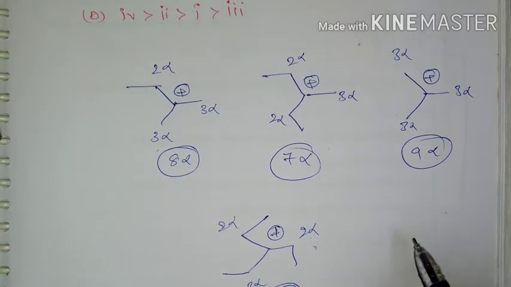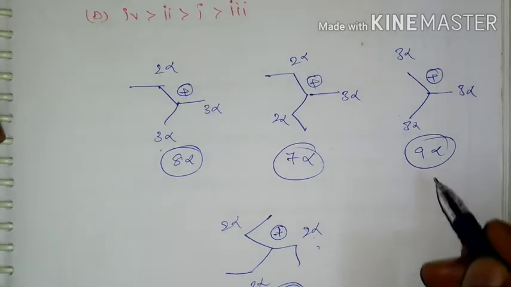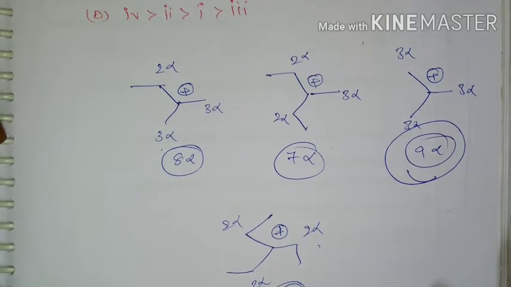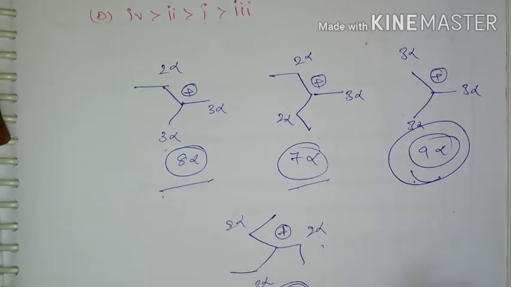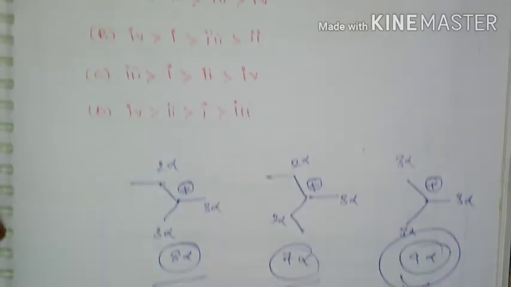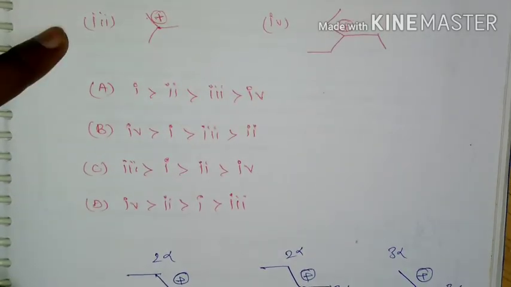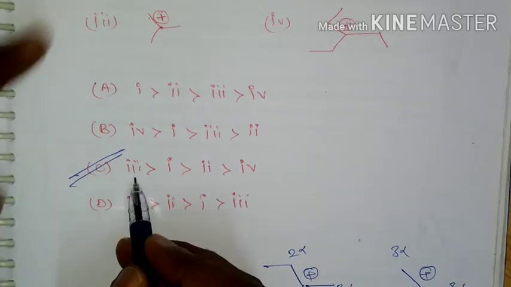So which is more stable? The one having 9 alpha hydrogens is more stable than the one with 8, then this, and least is 4. So here which option is correct? C, decreasing order 3.